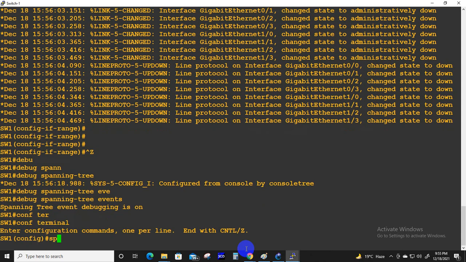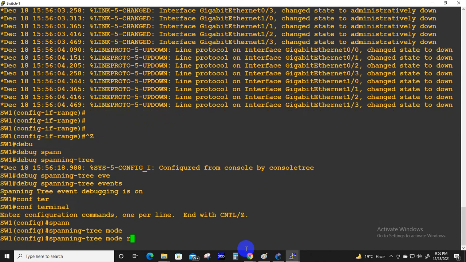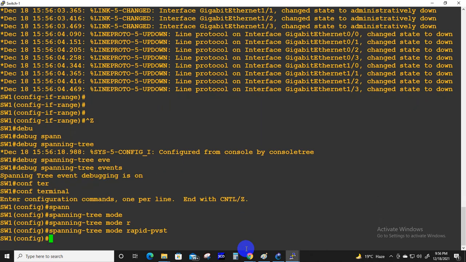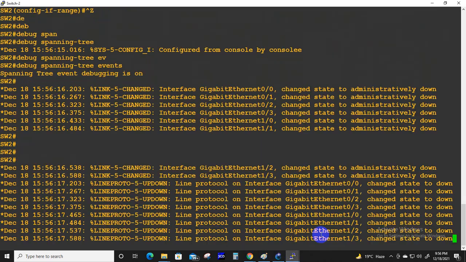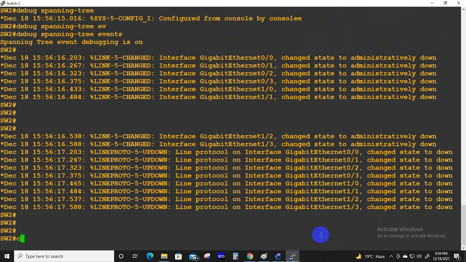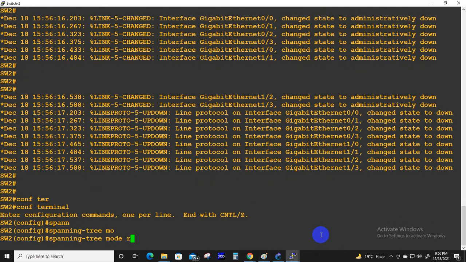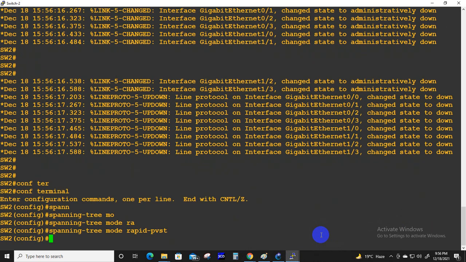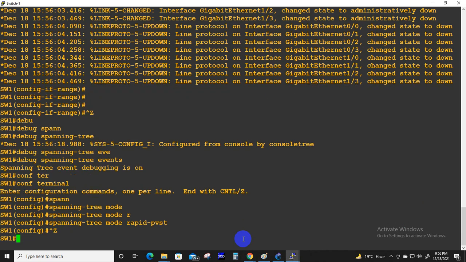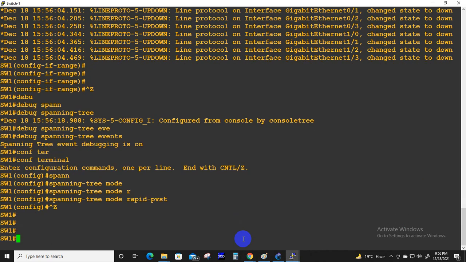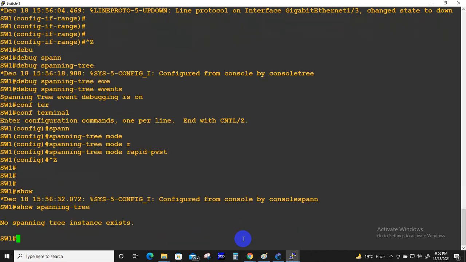Configure terminal, spanning-tree mode rapid-pvst. See, nothing happened. Show spanning-tree. No spanning tree instance exists. Okay?